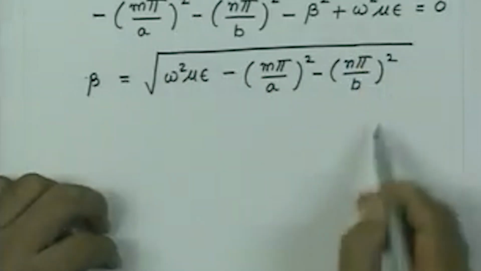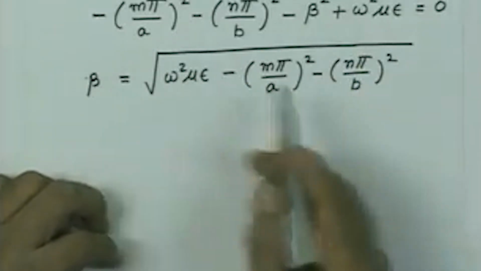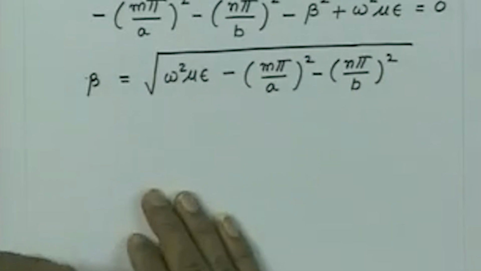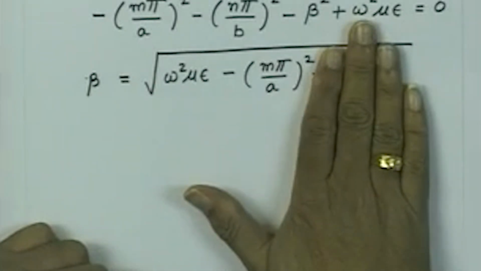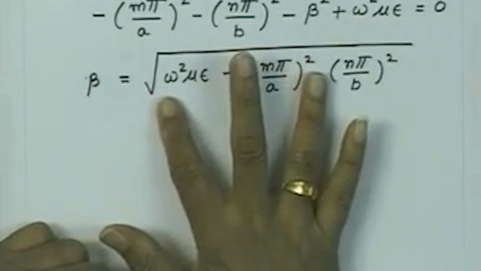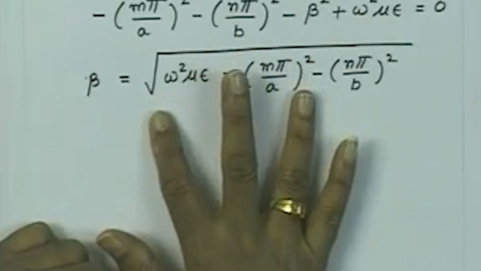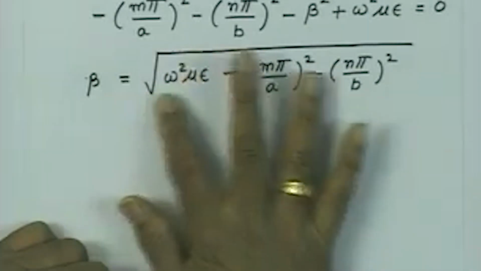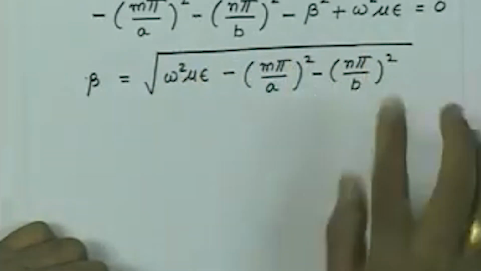Now, this relation is familiar. A similar relation we had seen for the parallel plane waveguide with only one term, which was omega square mu epsilon minus m pi by d, where d was the height of the waveguide, and this expression essentially tells how the velocity or the phase constant varies as a function of frequency on the structure.